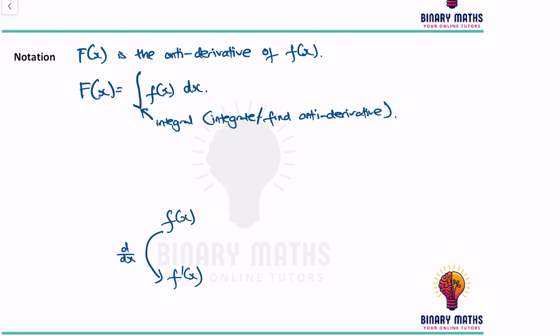But if we integrate f dash of x, then we get f of x. And if we integrate f of x, then we get capital F of x. If we differentiate capital F of x, we go back to y is equal to f of x.